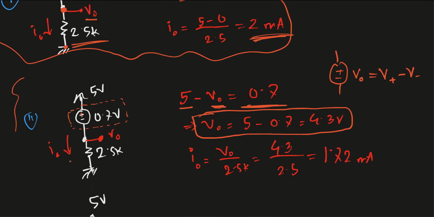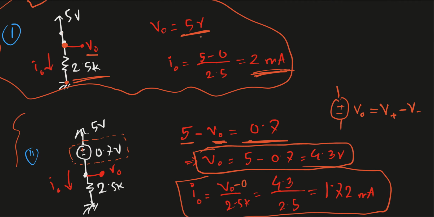Now we can find the current using the previous method. The current through the resistance will be (V0 minus 0) divided by the resistance, which is 2.5. If we calculate this, the result will be 1.72 milliampere. If we compare these two results, we see that the voltage is very different, 5 volt and 4.3 volt.